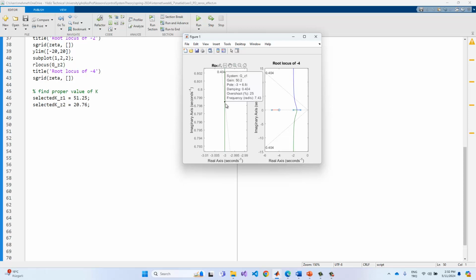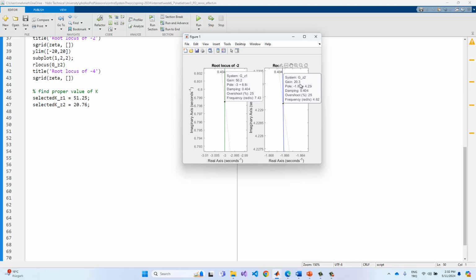And so if I put these terms, 50.2 in here, we can see the root locus values in here, just like this one. And so if I put these terms, this equals 20.3.